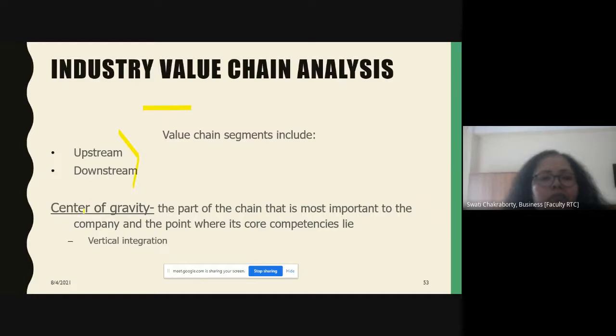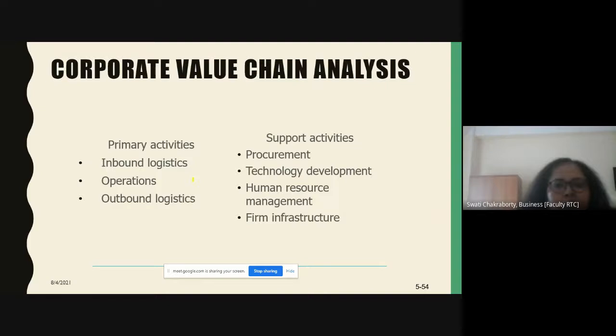There's a concept called center of gravity. That is the part of the chain which is the most important to the company and the point where its core competencies lie. So it could be vertical integration, or horizontal integration can also happen. That's basically where we talk of vertical integration.